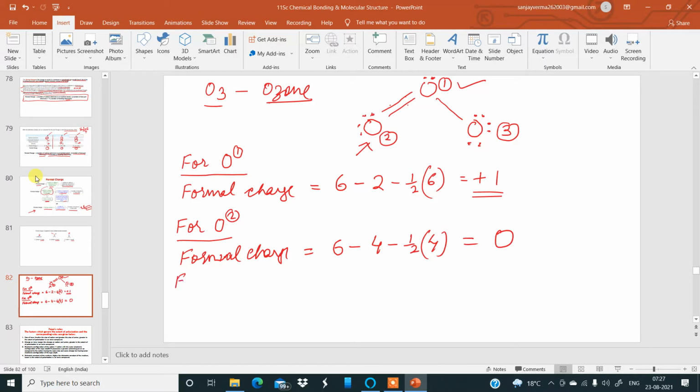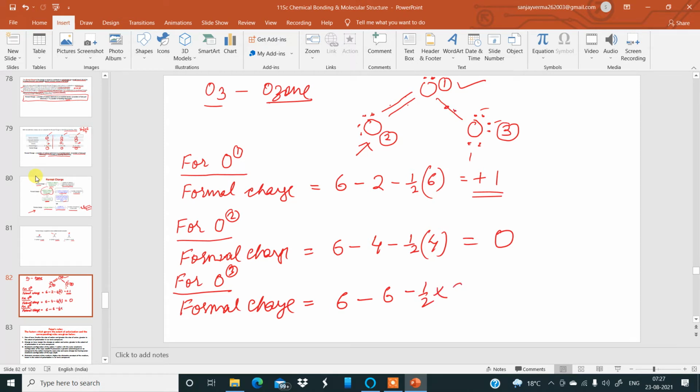Then for the next oxygen, that is oxygen atom number 3, the formal charge is equal to again group number 6 minus, over here there are 1, 2, 3, 4, 5, 6 electrons, 6 electrons, minus half into 2 electrons that are bonding electrons.